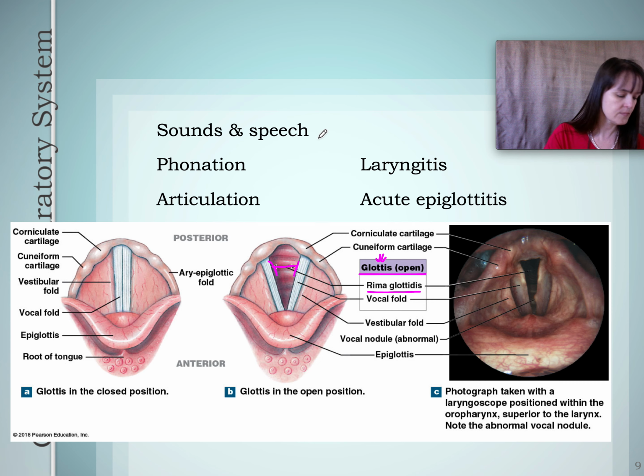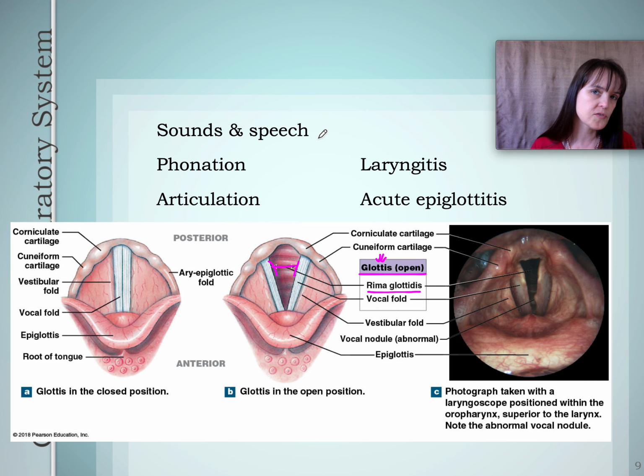Okay. Sounds and speech. All right, so the vocal folds vibrate. That's how you talk. That's how you make noise. And making noise, the sound production is called phonation. And that's just the making noise part of talking.